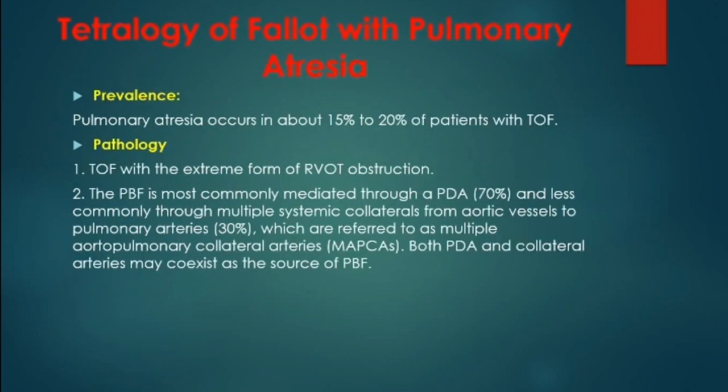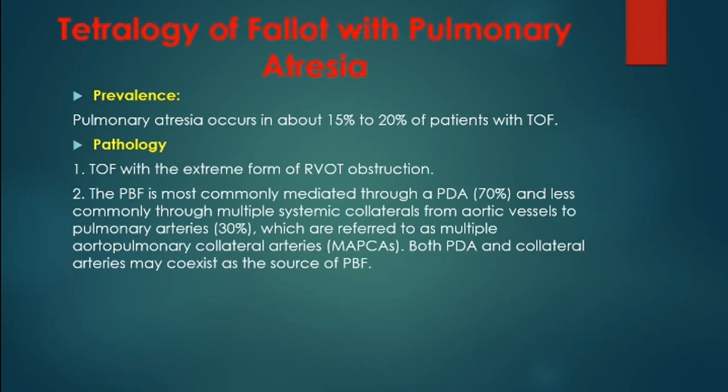There is a variant of Tetralogy of Fallot where the pulmonary valve or artery is completely atretic. These represent almost 15 to 20% of Tetralogy of Fallot patients. The pathology is an extreme form of Fallot with extreme obstruction of the right ventricular outflow tract.